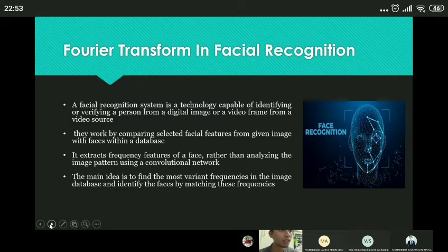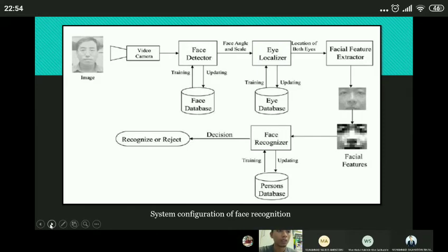It extracts frequency features of a face rather than analyzing the image pattern using a convolutional network. The main idea is to find the most variant frequency in the image database and identify the face by matching this frequency.